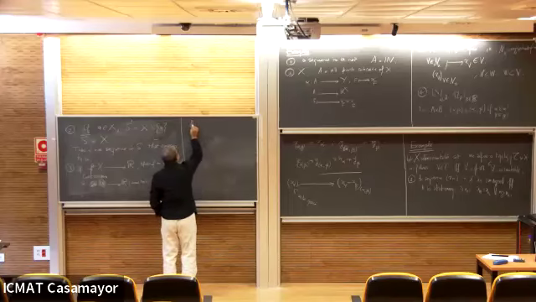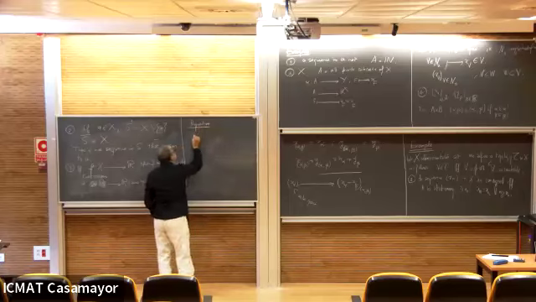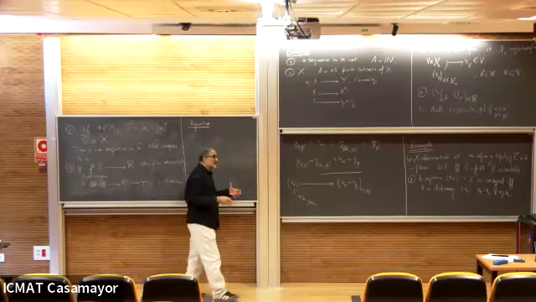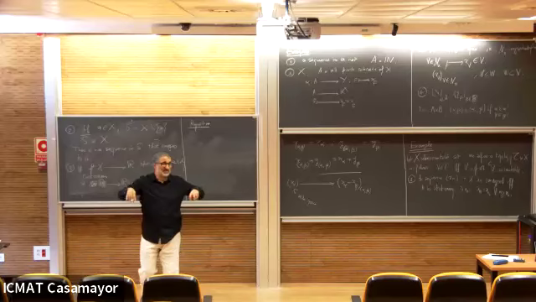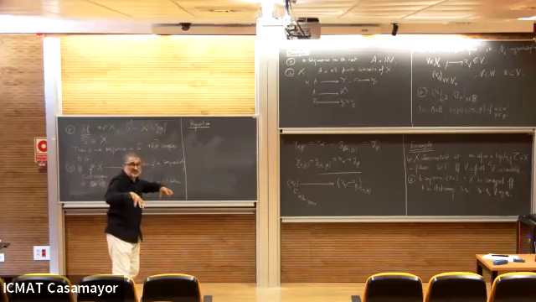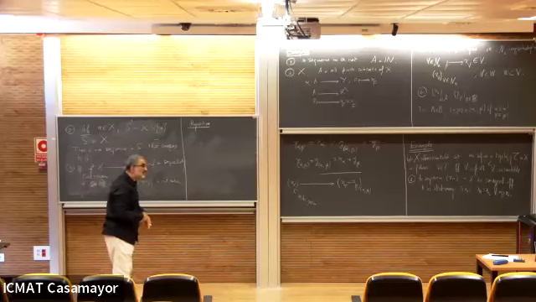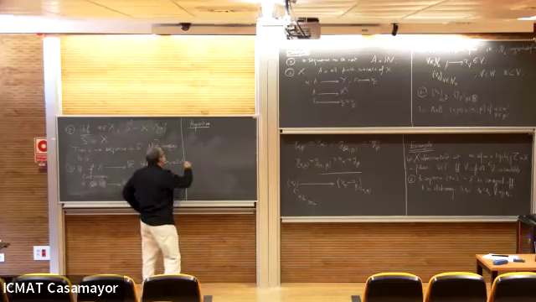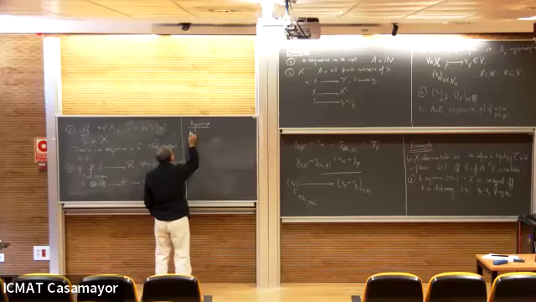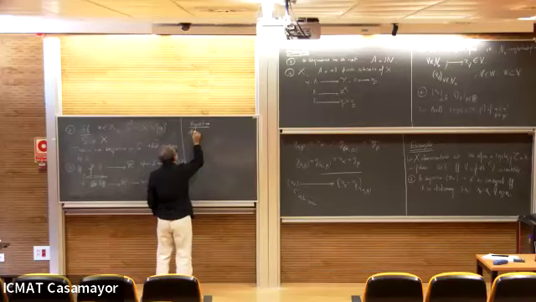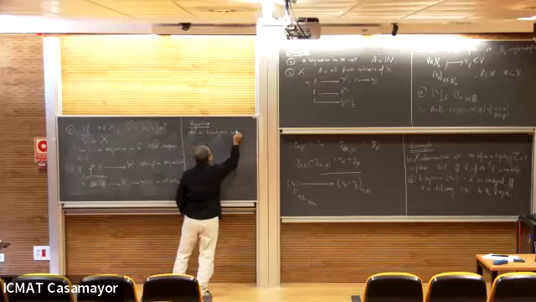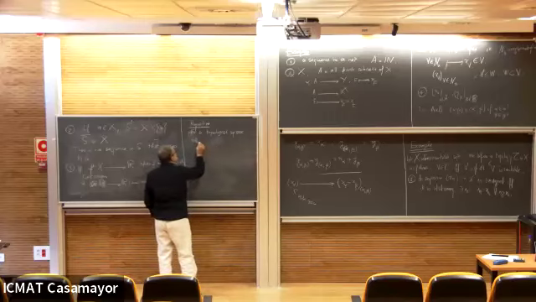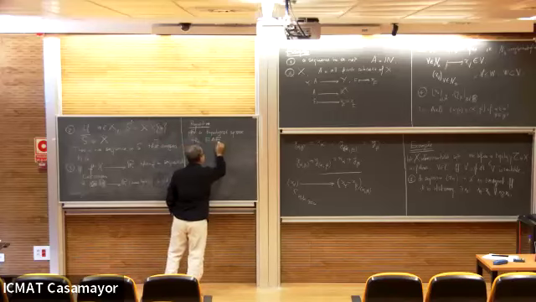First result. I recall that a topological space is Hausdorff if we take two different elements, then we can find two disjoint neighborhoods, disjoint open sets, each of them containing one of the points. And we have this equivalence: for a topological space X, the following are equivalent.